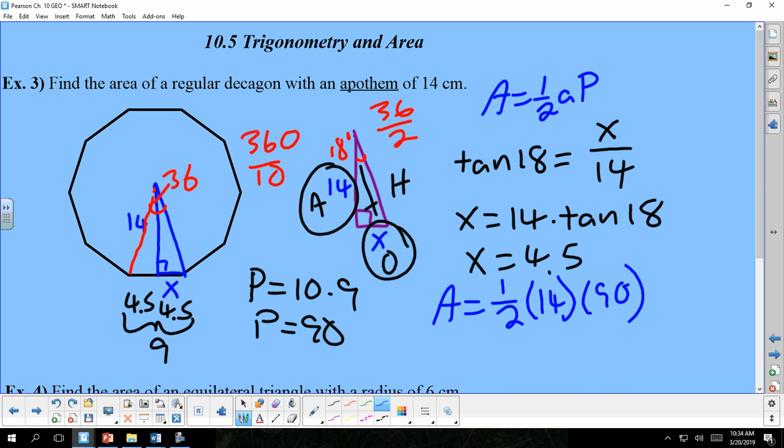So half of 14 is 7. 7 times 90 is 630 centimeters. And I do understand there's rounding involved. So if you're in the ballpark for those, depending on how you round your trig functions, you will still get credit on the exam.